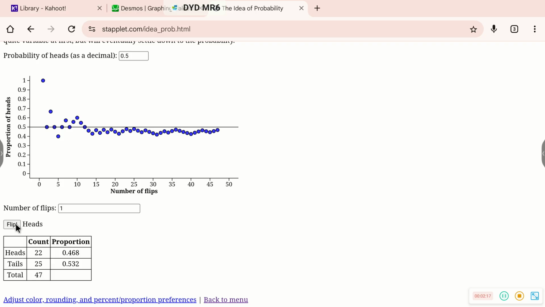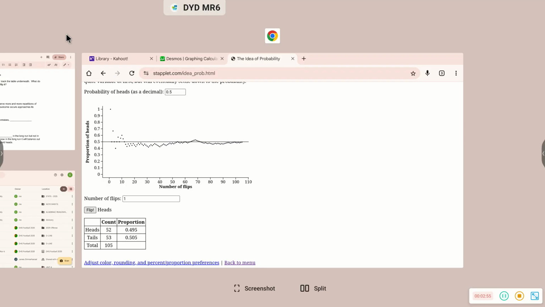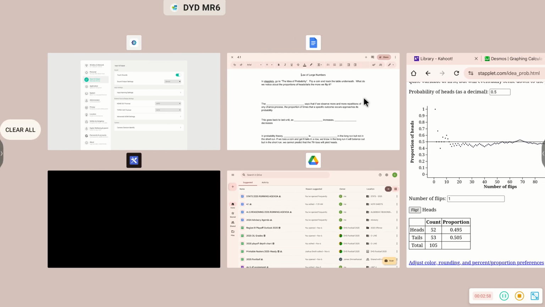We should notice that as we keep going, the graph gets bigger and our dots approach 50% heads. Early on we're way off the charts, then we come back, but as we keep going, with a 50-50 shot for heads and tails, the graph approaches 50%. So you play around with that for a little bit.